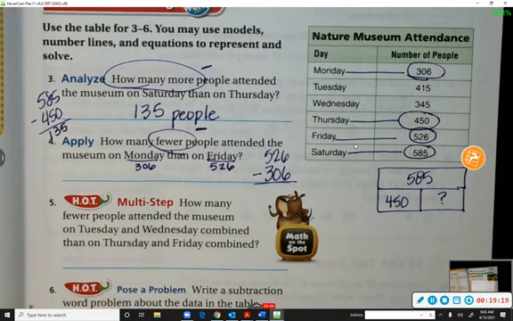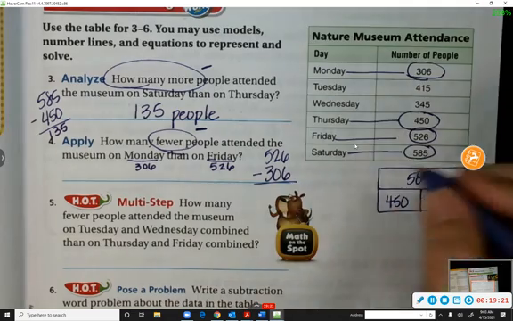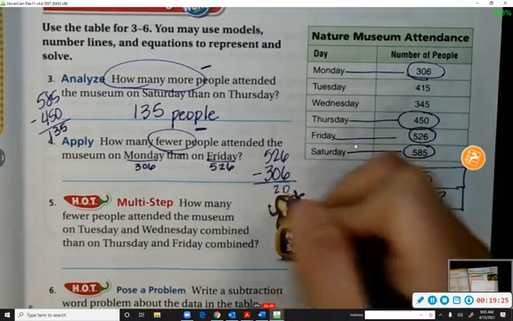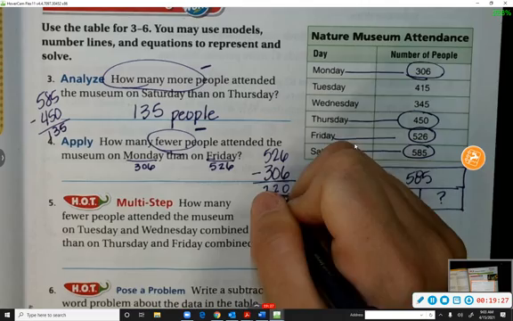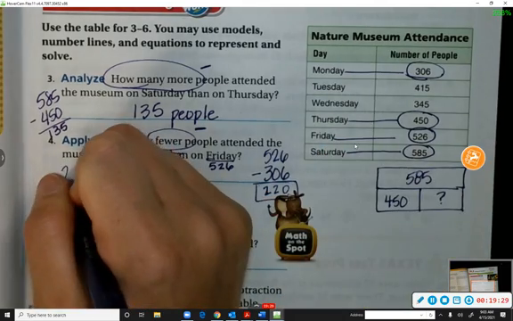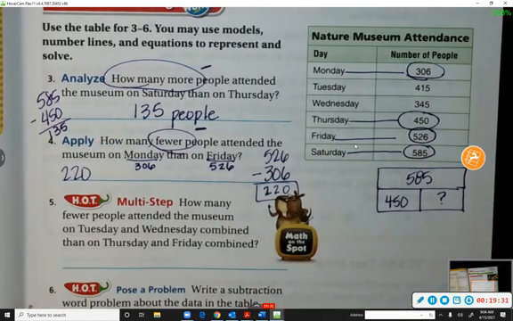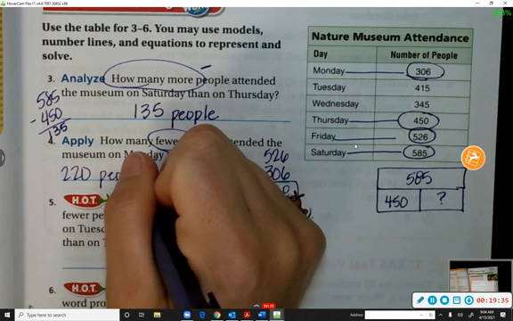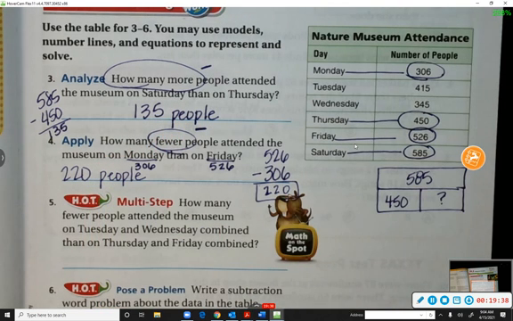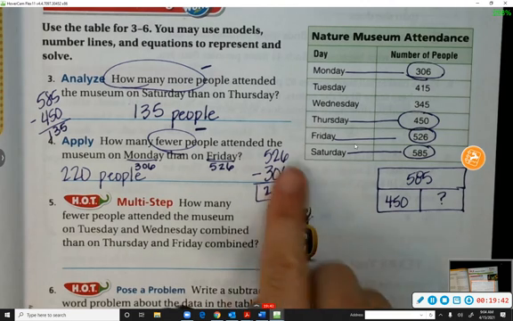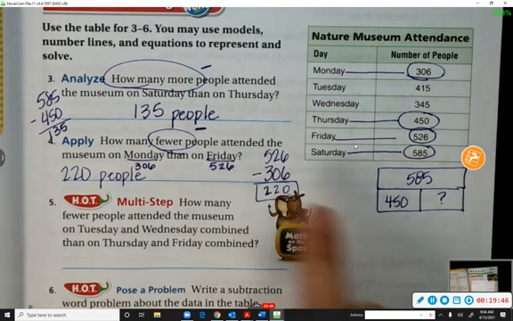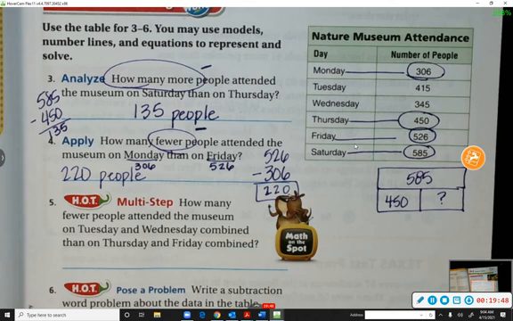There's not even any borrowing here. 6 minus 6 is 0. 2 minus 0 is 2. 5 minus 3 is 2. Okay, so 220 fewer people. Okay, so we're not really wanting to complicate things by the actual subtraction. We're focusing more on the key words and how to use a strip diagram today. Okay?